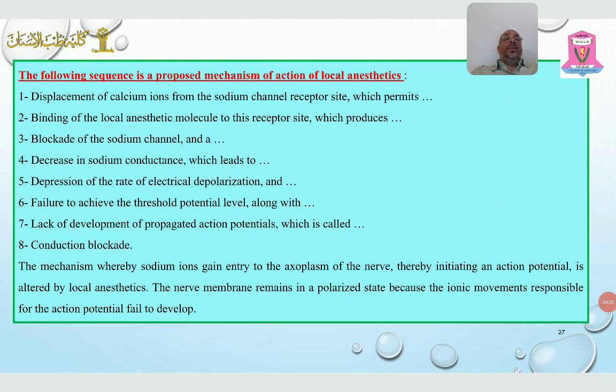The following sequence is the proposed mechanism of action of local anesthetics. أولاً زي يصير عندنا displacement of calcium ions from sodium channel receptor site, which permits binding of the local anesthetic molecule to this receptor and produces blockade of sodium channel and decrease in sodium conductance, which leads to depression of the rate of electrical depolarization.